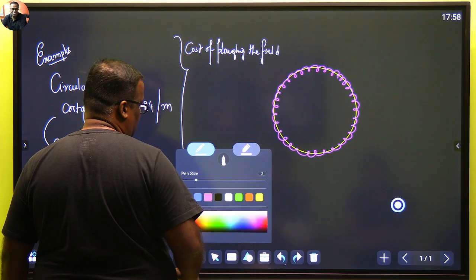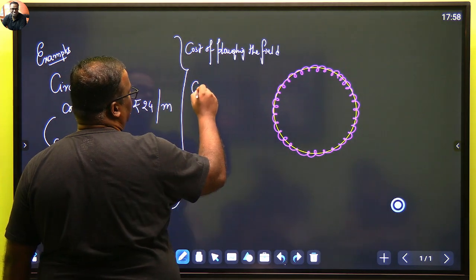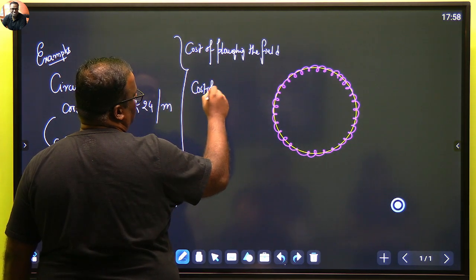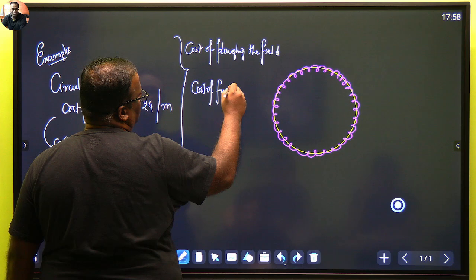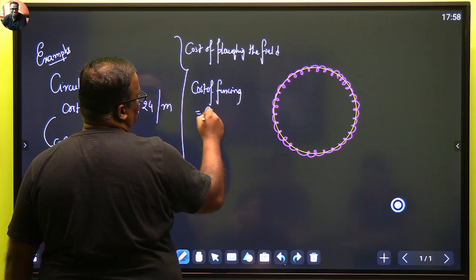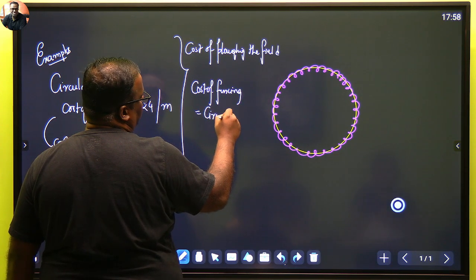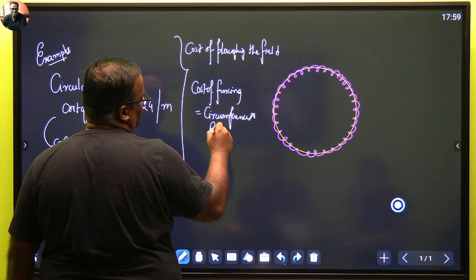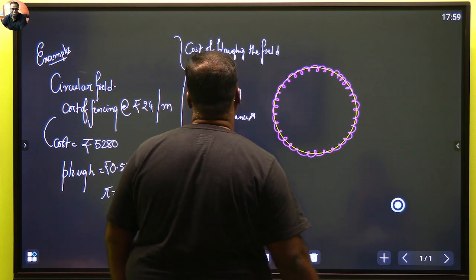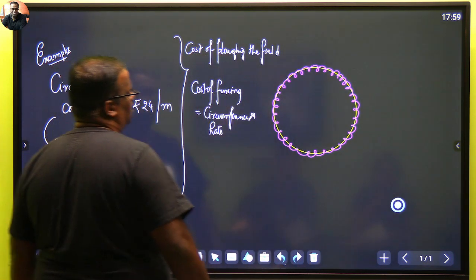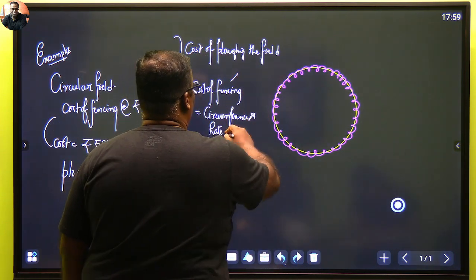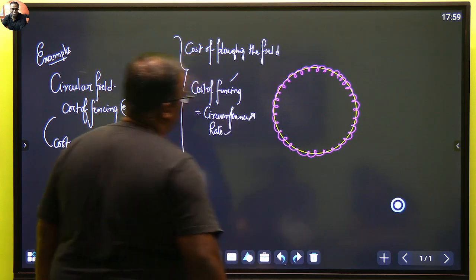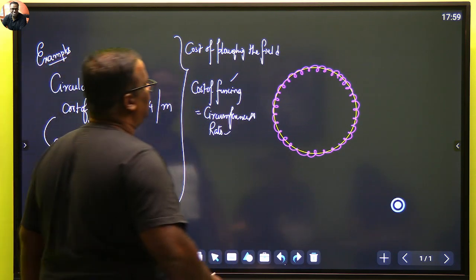Let's start from here. The cost of fencing must be equal to the circumference into the rate. And the rate is per meter. So I know this data and I know this data. I have to find out the circumference.